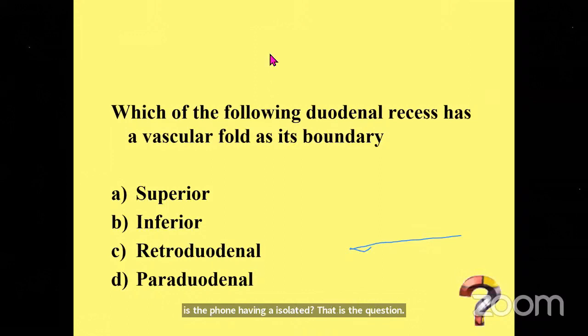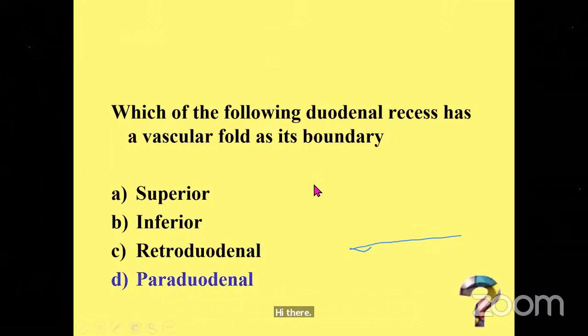The options are superior, inferior, retroduodenal, and paraduodenal recess. So which recess has a fold with a vessel in it? Can I get the answer? Whether it's superior, inferior, retroduodenal, or paraduodenal recess. Yes, someone has answered it correctly.